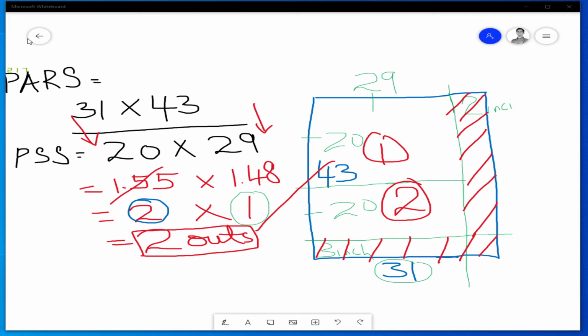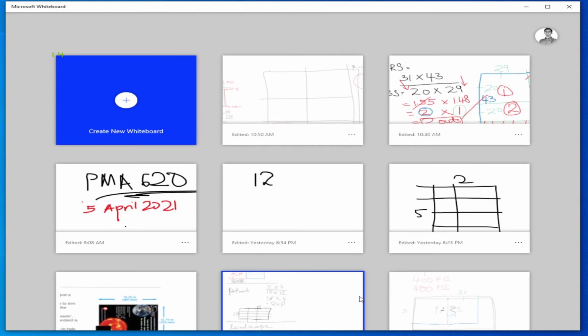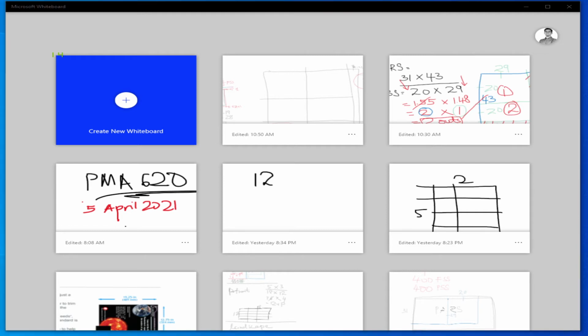Alin nak share calculation Alin? Okay? Alright. Okay, anyone want to share or want to ask question?